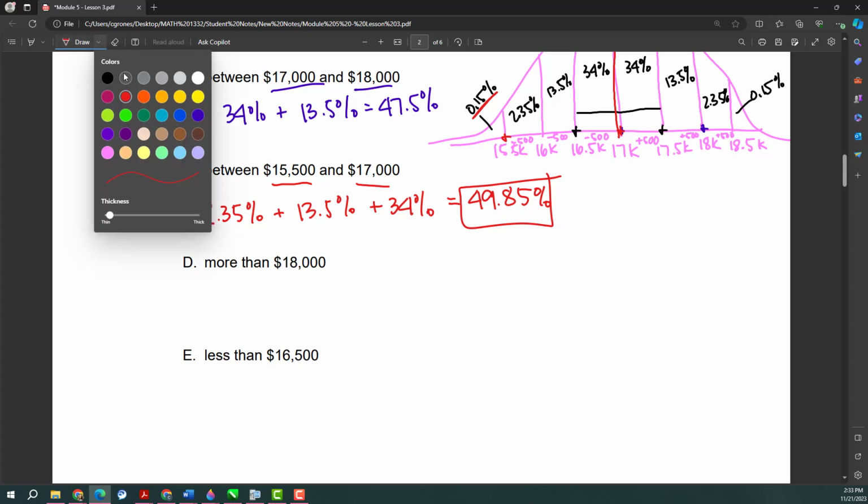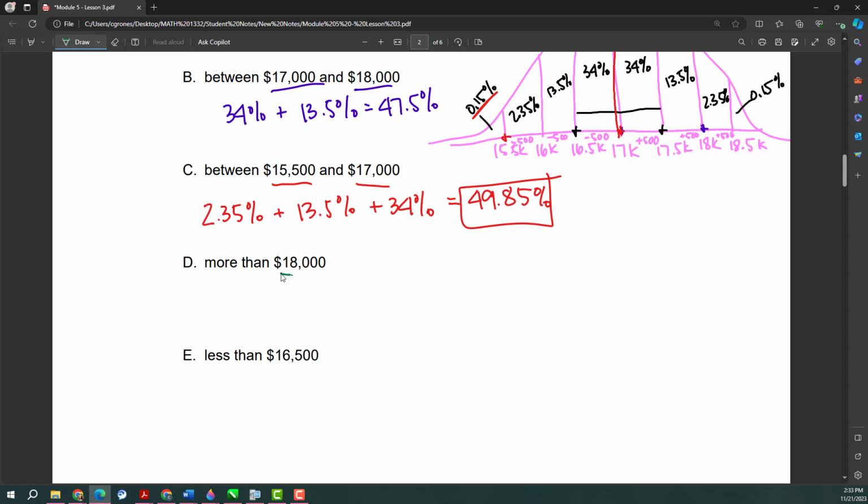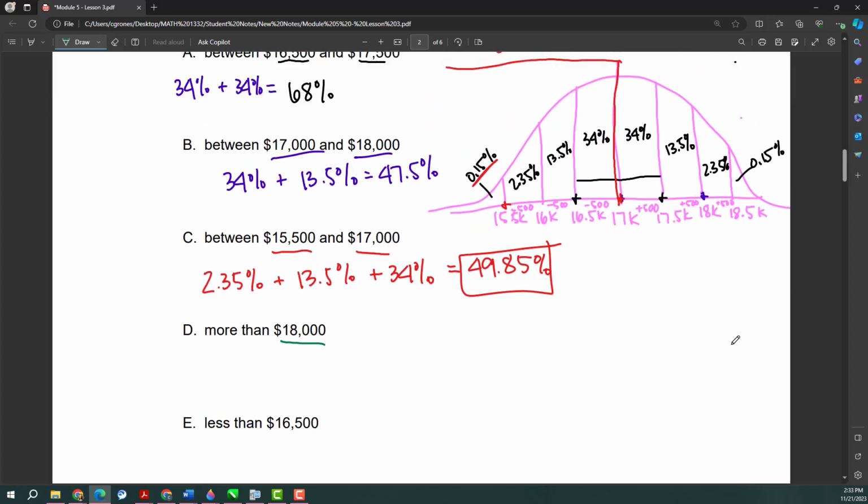On D, we want more than 18,000. So 18,000 is right here, and we want everything to the right, which would be 2.35%, and then 0.15%, which is 2.5%. And then the last one is less than 16.5.